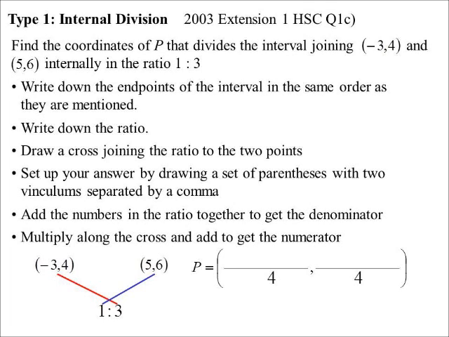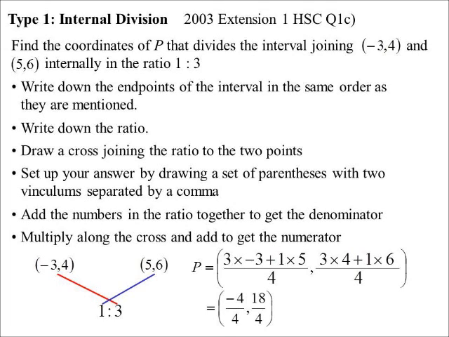On the top of the fraction, I just write down the x values, but I multiply along the cross. So I'll have -3 times 3 and 5 times 1. And then I do the same for the y values. I just write the y values down, but I multiply along the cross. So 3 times 4 and 6 times 1 gets me my answer.